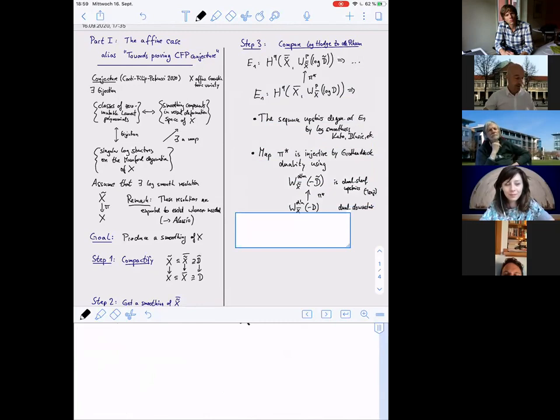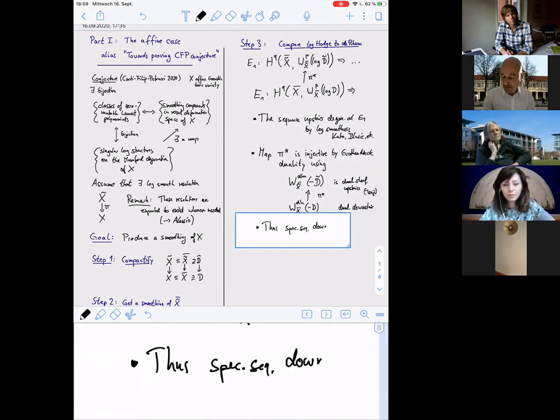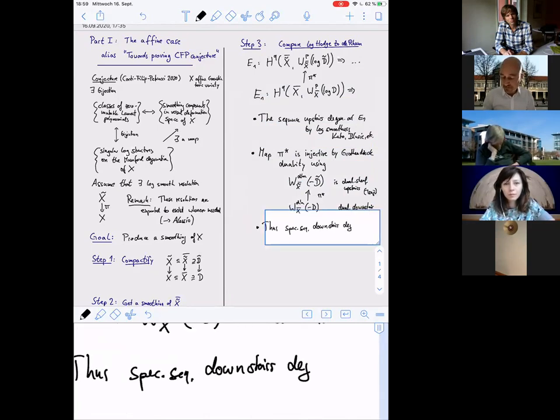Once you have that, you conclude readily that the spectral sequence downstairs also degenerates. Because if you have an injective map on E1 and a map of spectral sequences, upstairs degenerates, also the downstairs degenerates. Nice, okay.